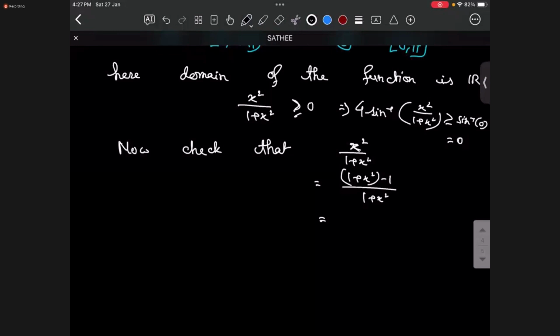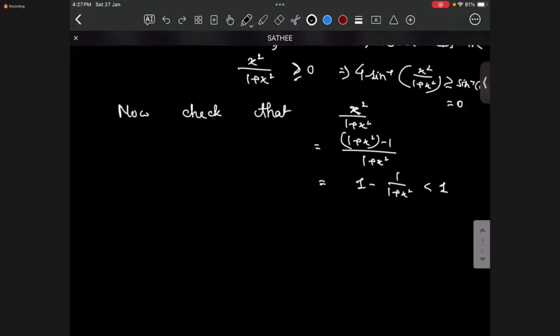This is like 1 minus 1 by 1 plus x square. This is clearly less than 1 for all values of x. If I put x equals 0, then the value will be 0, and otherwise for any real number this is strictly less than 1. This is not less than or equal to 1; it is strictly less than 1.